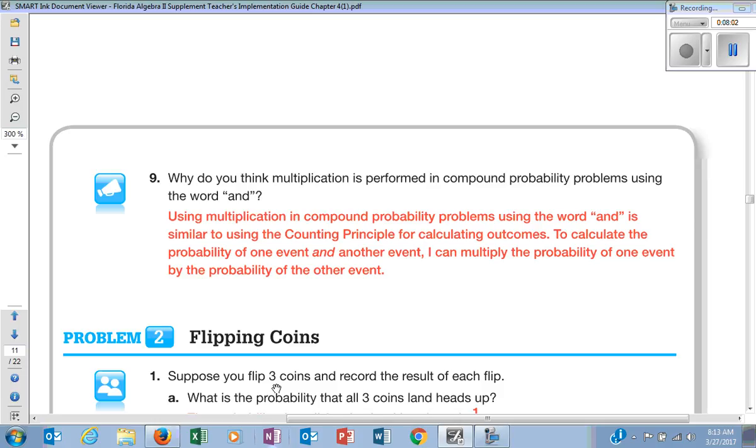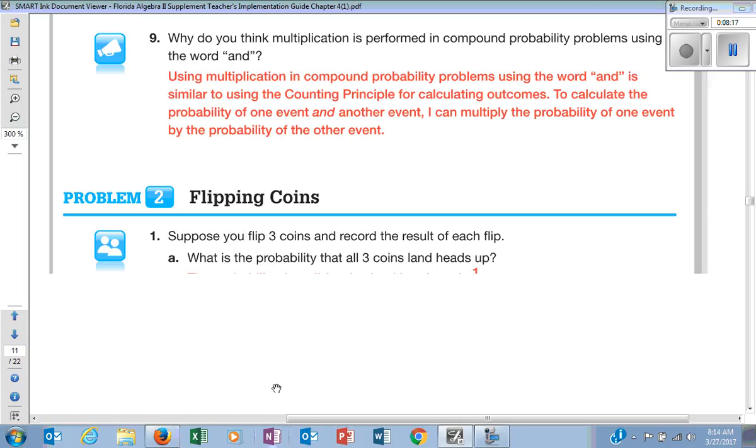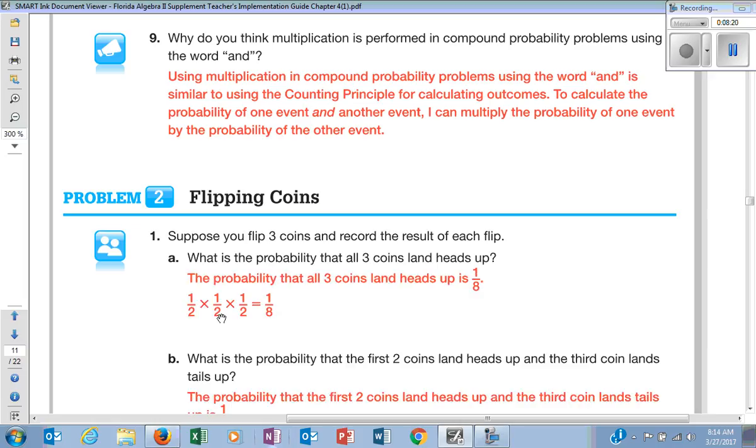What's the desired outcome? Heads. How many of them are on a coin? 1. How many different total things are there on a coin? 2. 1 out of 2, right? Times, what's the chance of the second one happening? What's the chance of the third one happening? 1/2. What's the chance of that totally happening? 1/8. Multiply them. You with me on that? How do we multiply fractions? Top times tops and bottom times bottom.